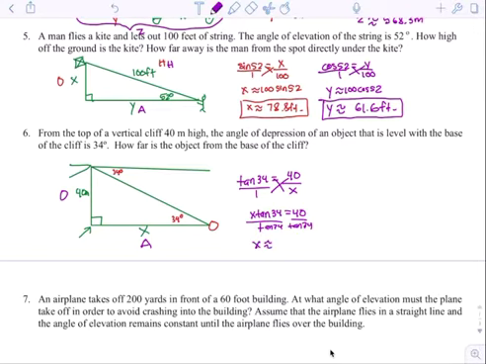X is roughly going to be 40 divided by tan 34, which is 59.3 degrees. Oh, not degrees. 59.3 meters. Okay, so there's that one.